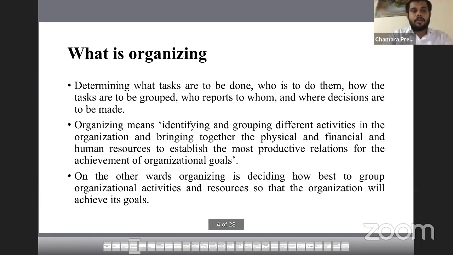Now, in order for us to achieve the goals we set at the beginning, first we need to identify the work actually, right? And division of work. So identifying work means identifying jobs. There are different jobs to be done to achieve a goal.